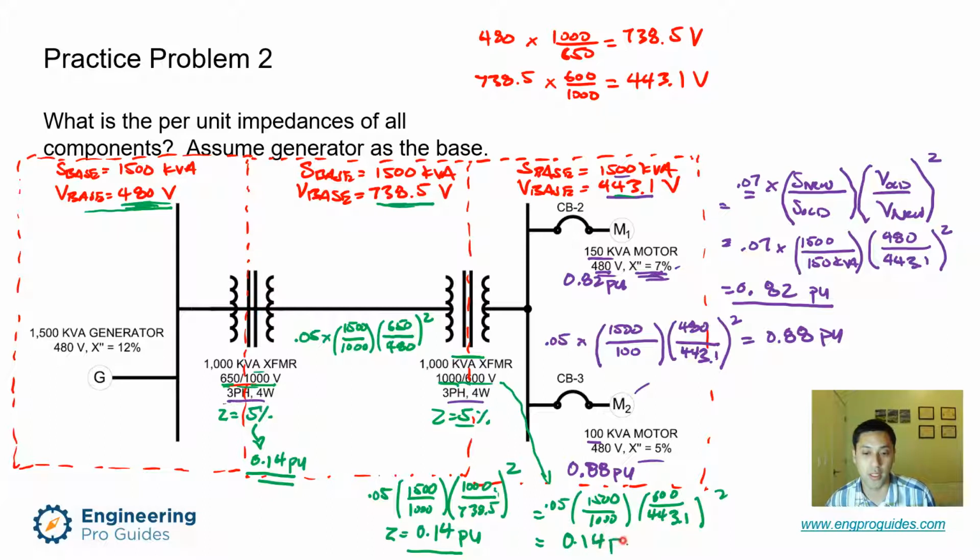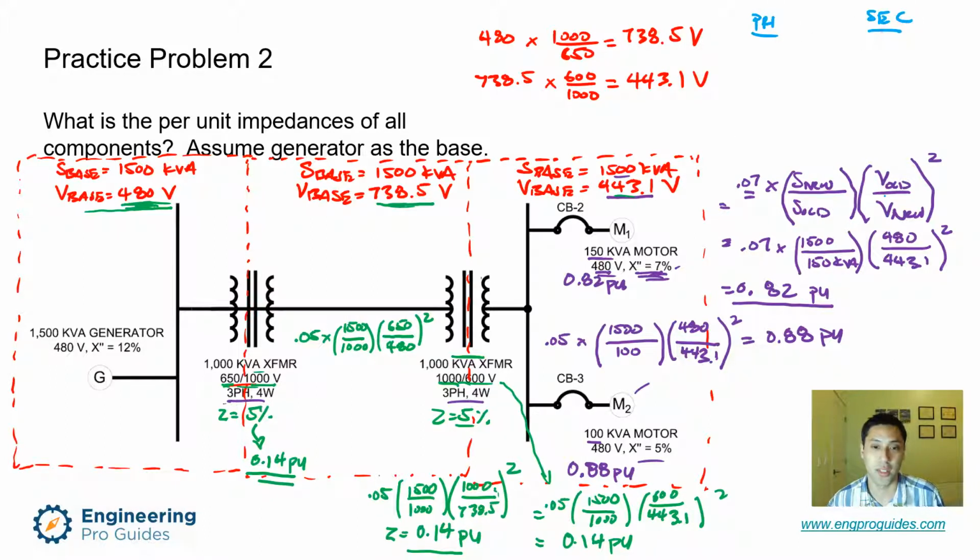And you should get Z equal to 0.14 per unit. And just to further hammer that in, let's look at those specific voltage ratios. So our old over the new on the primary side, and then on the secondary side.